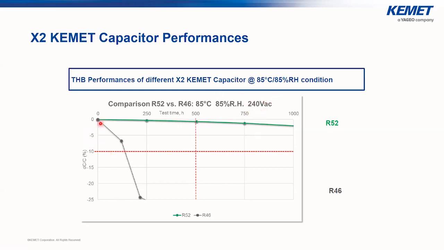We clearly see in this graph that the R52 series has a really stable capacitance drop with time. Up to 1000 hours, we will not even reach a 5% drop, whereas the R46 series will have a really fast drop of capacitance, and after almost 250 hours, we will reach more than 25% drop of capacitance.